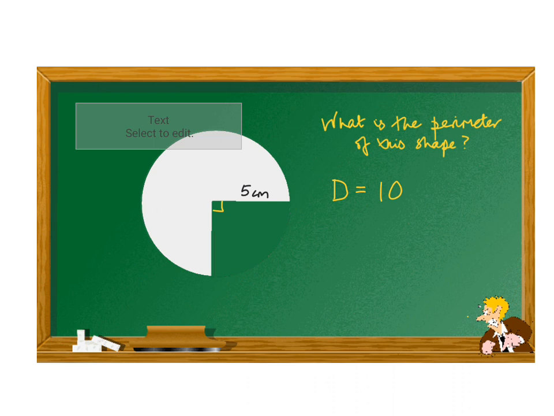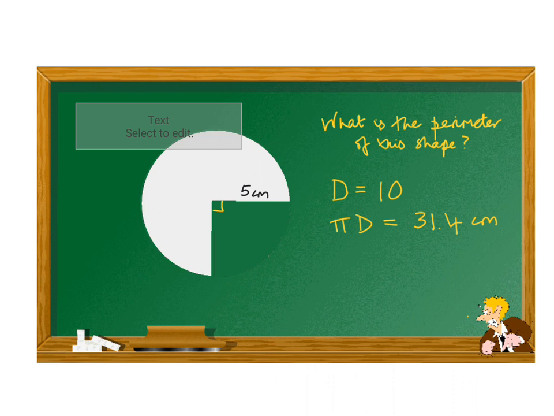From that, we can work out the circumference using pi d. So we know that is 3.14 times 10, 31.4 centimeters. Now, we've only got 3/4 of that because we're starting here from the circle. We've lost a bit. Okay, so this bit here we're not worried about.